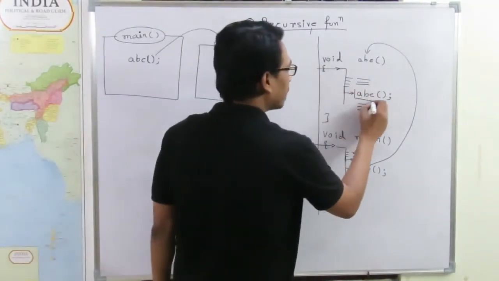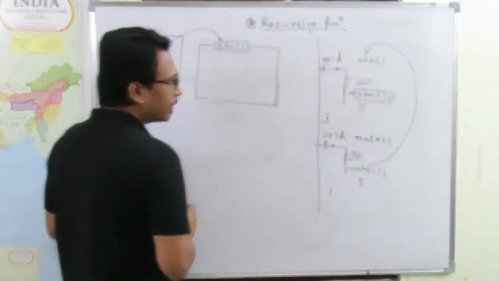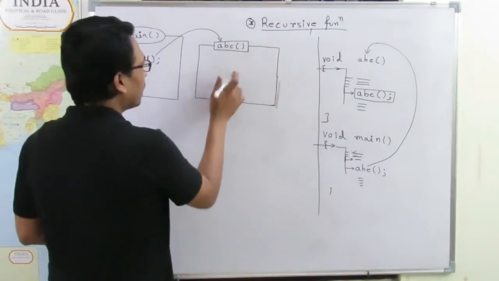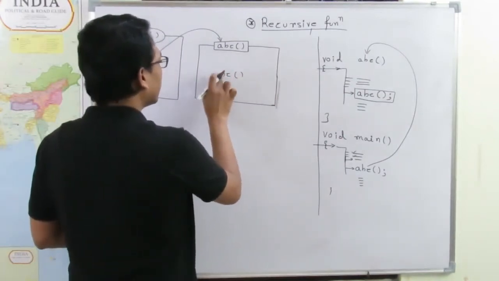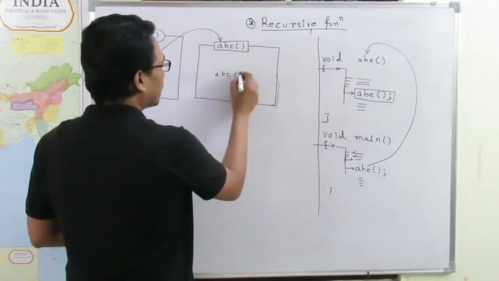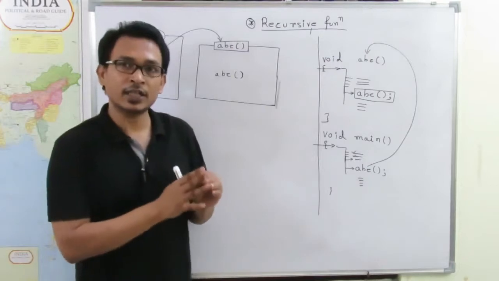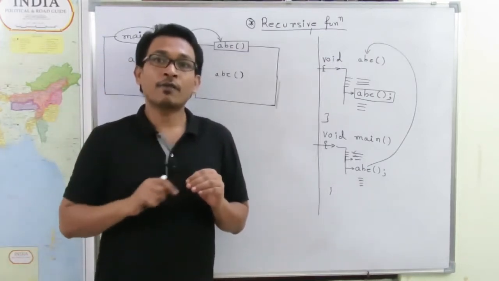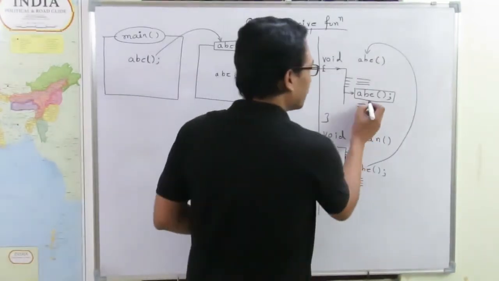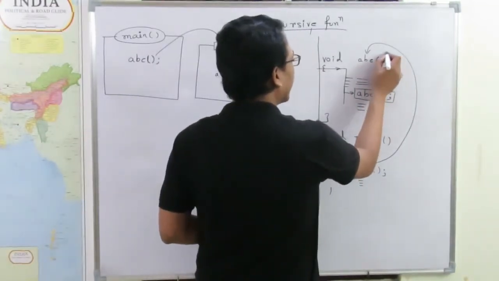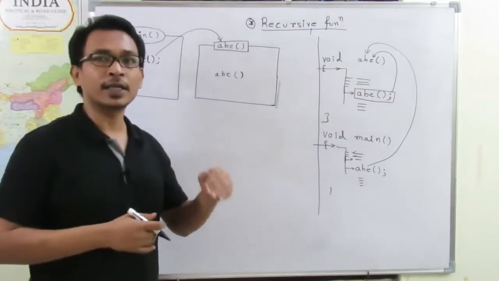Now look at here. Whenever system comes to this particular recursive call, at that time what happened? From this abc function, system again call abc function. That means control again jump from this particular instruction to the start of the abc function. That means from this abc call, control again jump to the function definition, start point of the function definition.